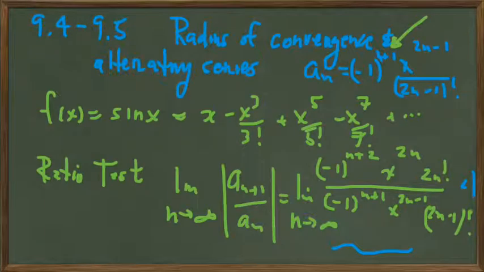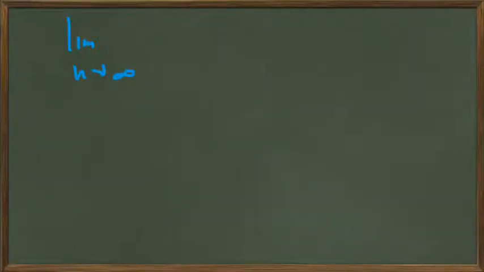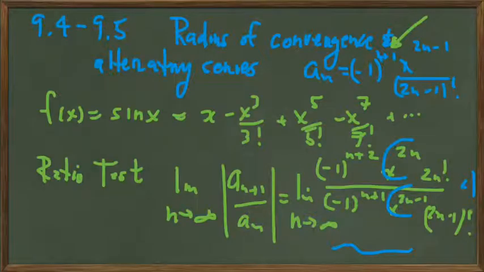Limit as n goes to infinity. Let's see if we can see it, right? This divided by this just gives us x, and these just cancel out because we're taking absolute values and they're just plus or minus 1, and then this divided by this is just 2n.